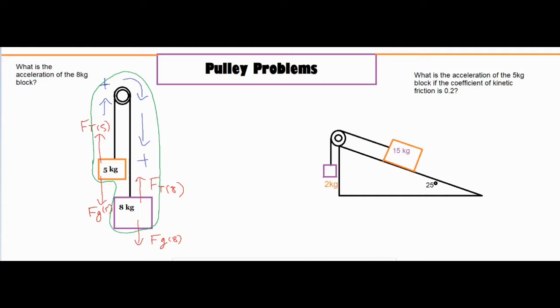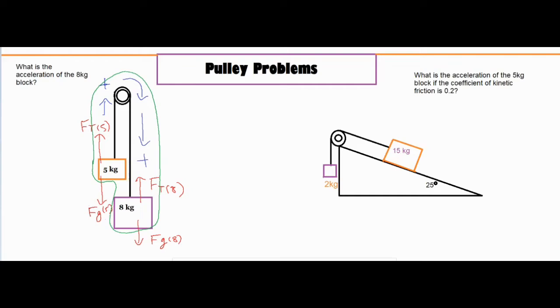Now, the reason why that's important is because only forces that are external from your system are to be included in your sum of forces. So these two forces are inside of this green blob that I drew. So they're not going to move the system because there's all kinds of internal forces happening typically, but those are going to have a net force of 0. So we just want to look at the forces that are external. So this FG8 and this FG5.